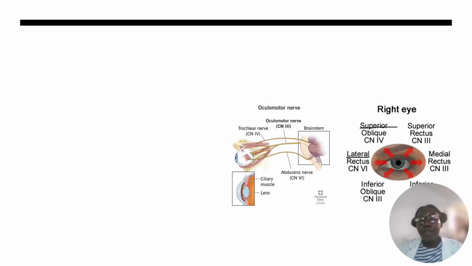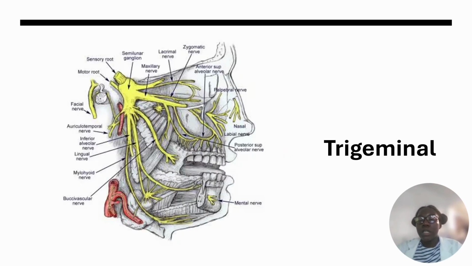And we have also another set of nerves that innervate our eyes, which is the fifth cranial nerve, the trigeminal nerve, as its name indicates. It has 3 branches, and it innervates 3 parts, and one of them is the muscles of mastication.